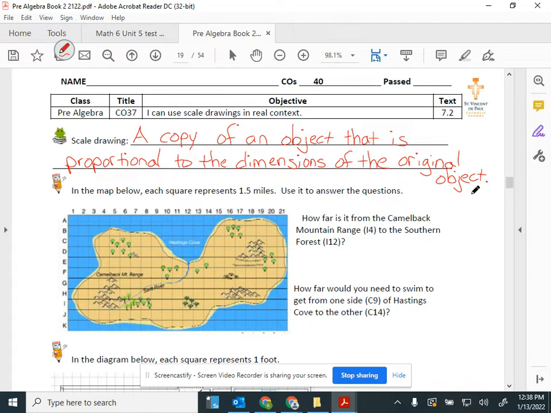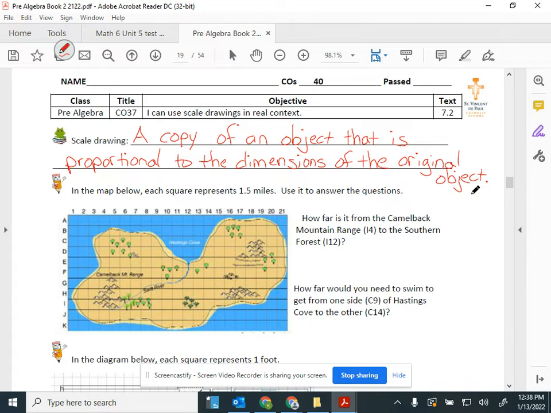So your scale drawing is a copy of an object that is proportional to the dimensions of the original object. So we can see a map is a scale drawing. It is proportional to the real object.